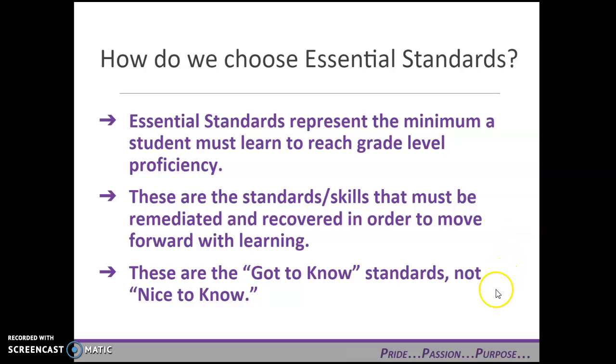So we're asking you today to work with your team to determine those standards, making a commitment that these are the standards by the end of the year that students must know. These are not the standards that are nice to know. What really is the difference then between all standards and these essential standards? It really lies in bullet 2, that these are the standards or skills that must be remediated and recovered in order to move forward with the learning.